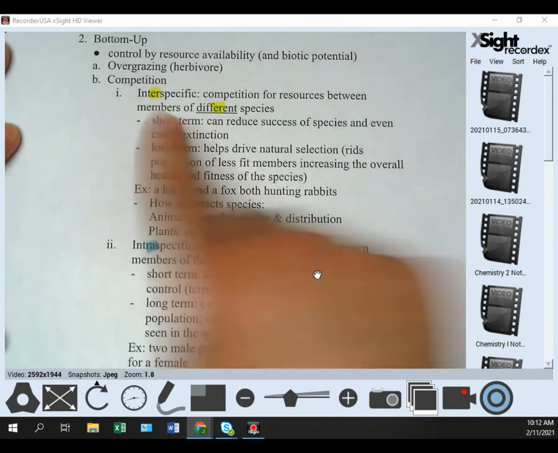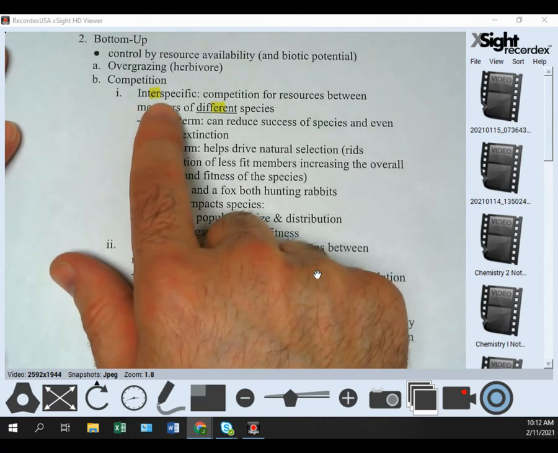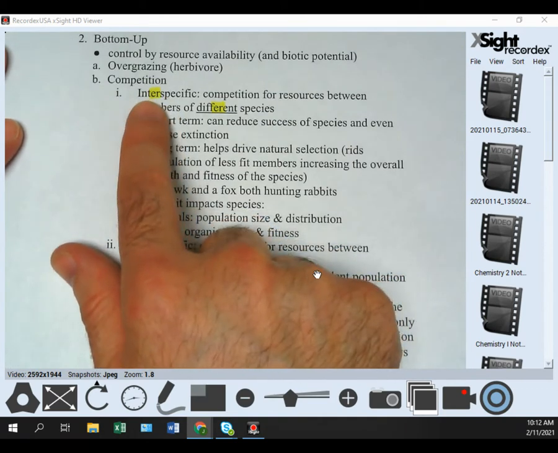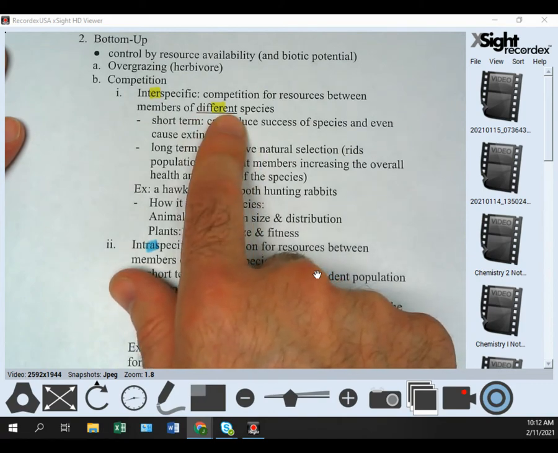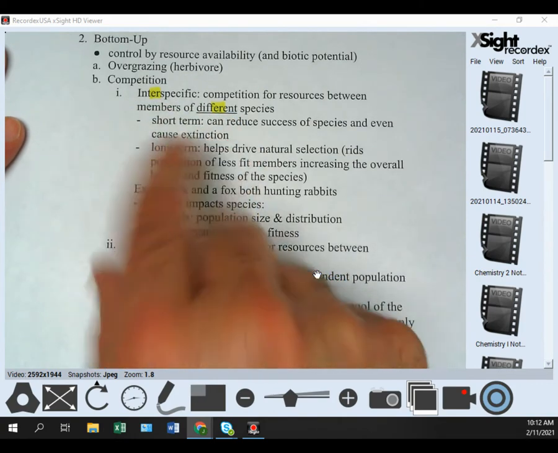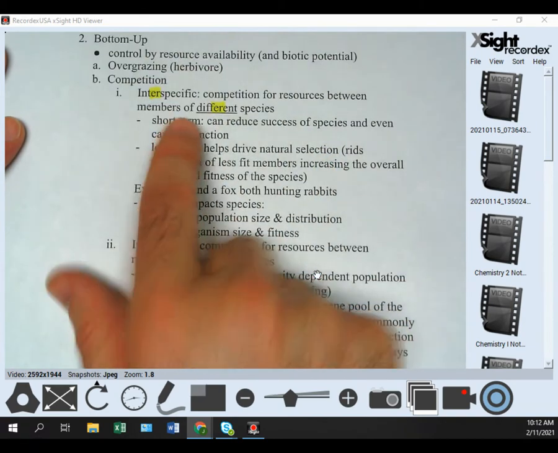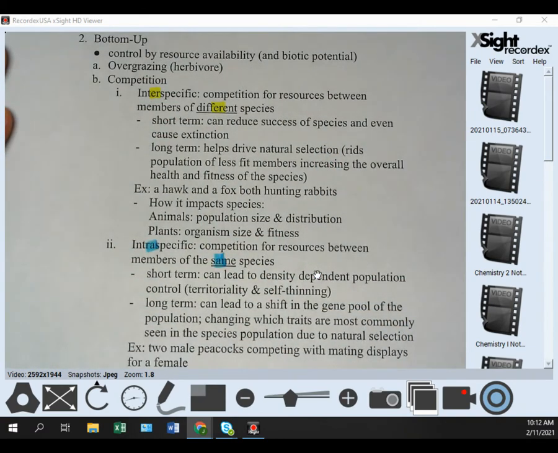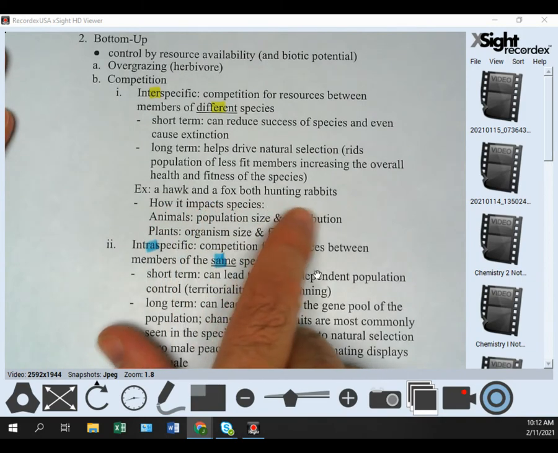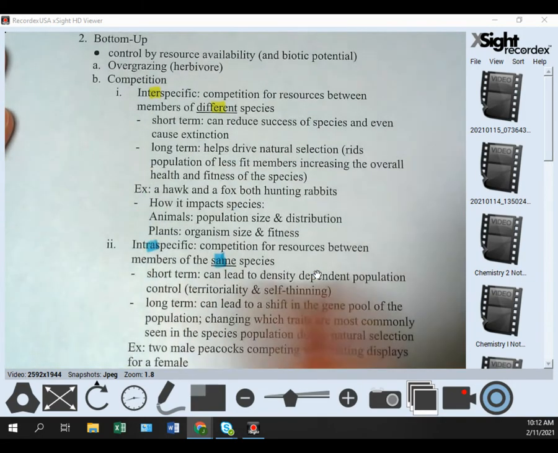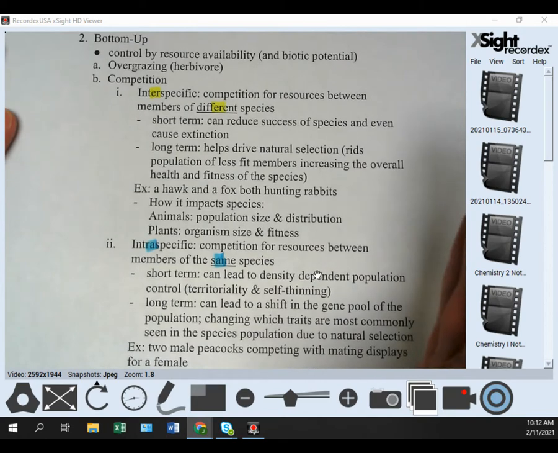What I have highlighted here is that inter has the ER in it, and different has the ER, inter, different. So interspecific is between different species. An example: a hawk and a fox both hunting a rabbit. Two different species competing for some kind of resource. Okay.